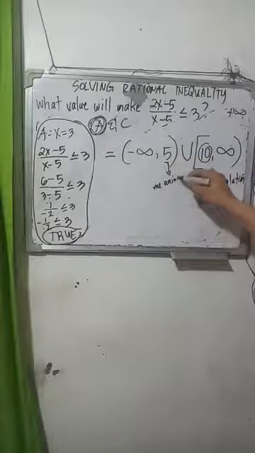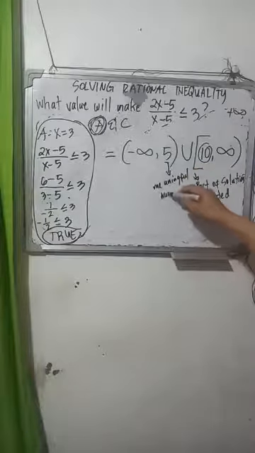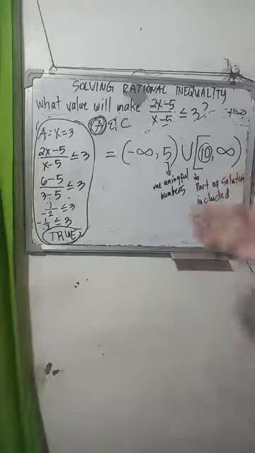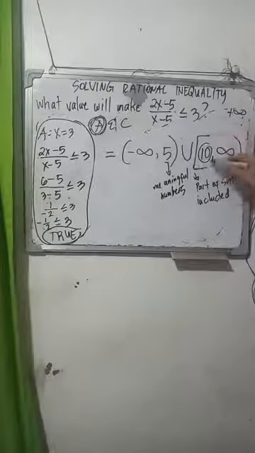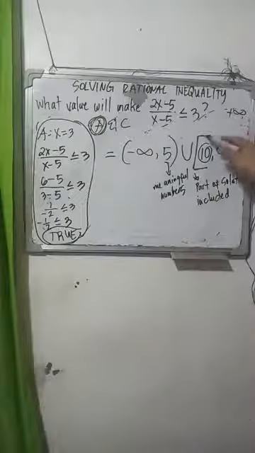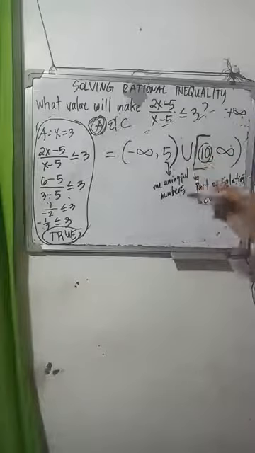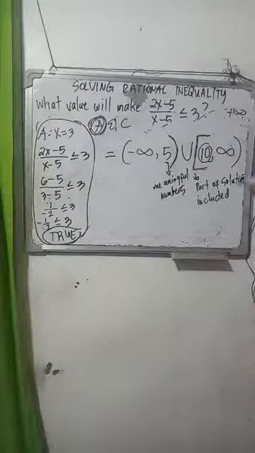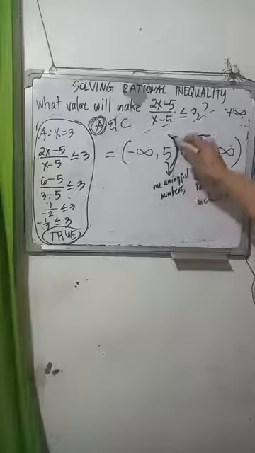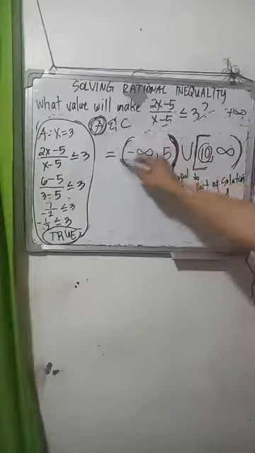Although hindi siya part sa solution natin, but it is our meaningful numbers. Tandaan, we will use bracket if the meaningful number is part of the solution. So ang 10 is part of the solution, so we will use bracket. Parenthesis pag hindi part sa solution. Tandaan, dito lang natin lagyan ng bracket ang meaningful numbers. Lahat ng ito, parenthesis na.